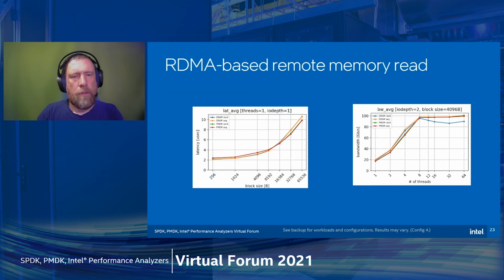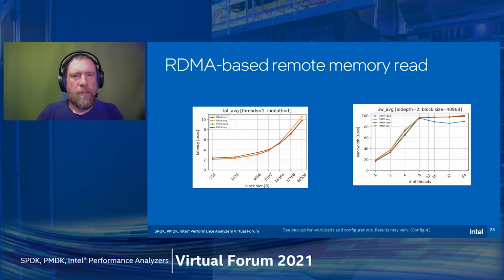So what about read operation? The speed of the read operation of our remote persistent memory is comparable to one from DRAM. And there are even use cases when we see that RPM performance exceeds what can be achieved with remote DRAM.